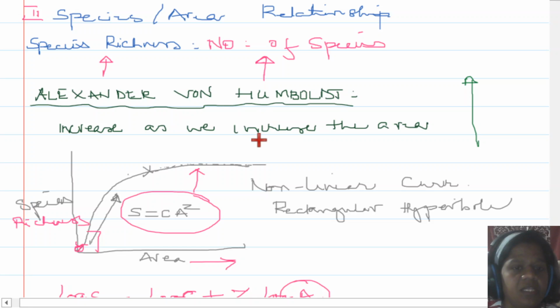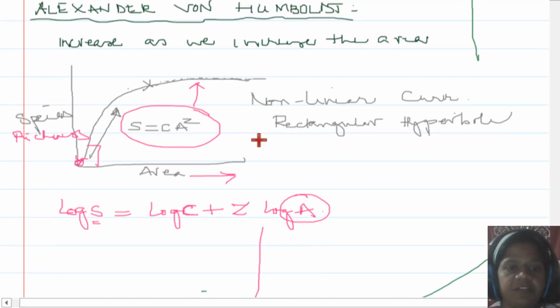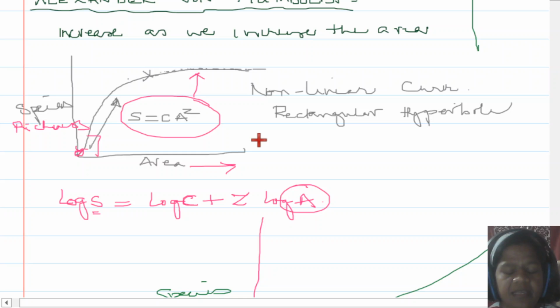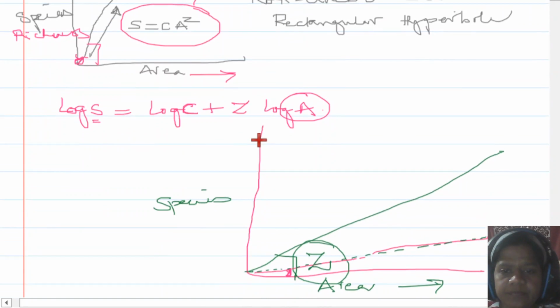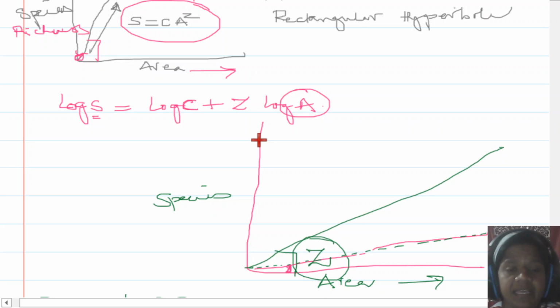And it is a nonlinear curve, the equation of which is S equals C A to the power of Z. Now, because it is a nonlinear scale, if we take it in a logarithmic scale, we find that log S equals log C plus Z times log A. Then we get a straight line. This gives a better understanding than the nonlinear curve.